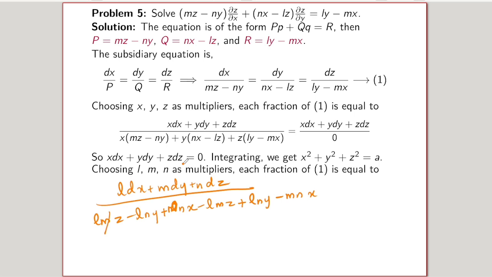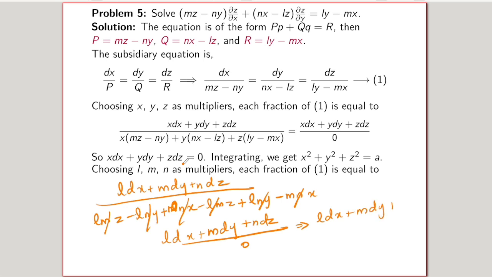So this one and this one will get cancelled, these two will get cancelled and these two will get cancelled. So I'm getting l dx plus m dy plus n dz divided by 0. So this implies I can write l dx plus m dy plus n dz equal to 0.